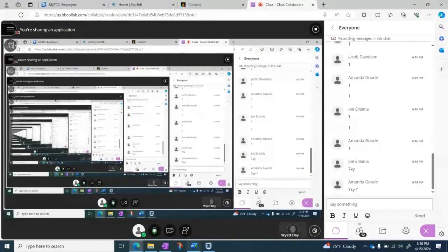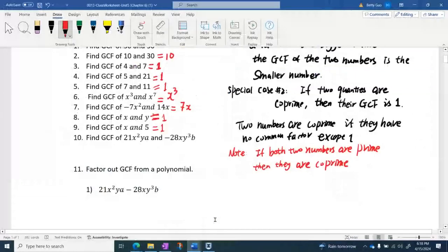7xy, let me double check. 7xy, correct. That's correct. Very good. Ignore the negative sign, by the way. 21 is 3 times 7. 28 is 4 times 7. Their GCF is 7.